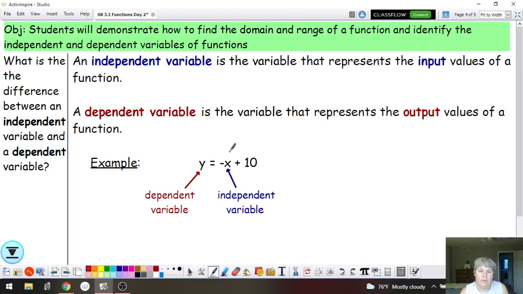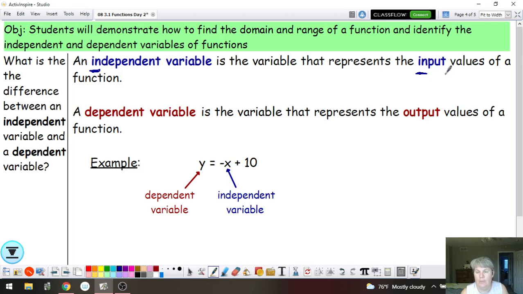Now the variables in our functions are also defined as being independent or dependent. Independent variables are the variables that represent the input values of a function. What helps me remember that independent goes with input is that they both start with the prefix in.